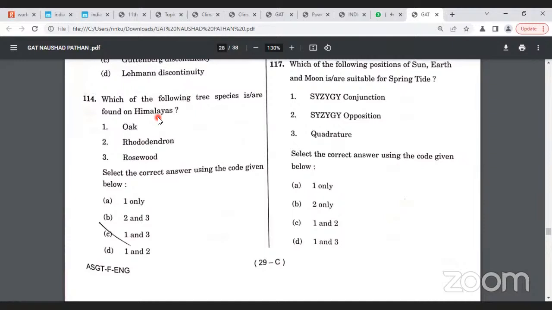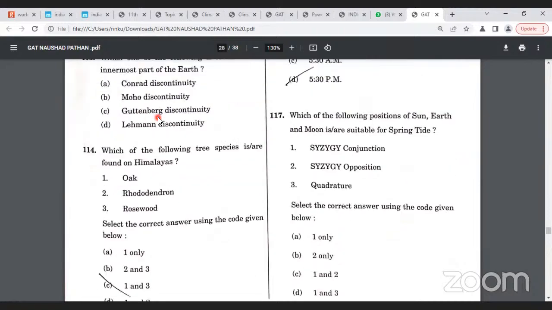Rosewood is a species of the evergreen forest. The Himalayas cannot boast of evergreen forest. It doesn't rain 200 centimeters there; you do not get an annual rainfall of 200 centimeters. So rosewood is not one of the trees that you find in the Himalayas.